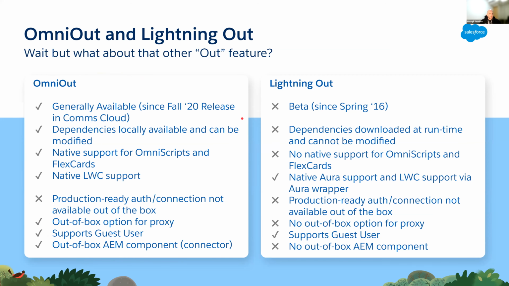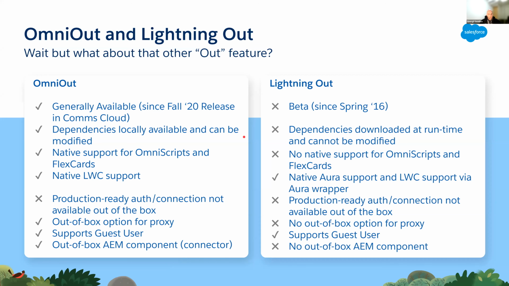The important point is that OmniOut is generally available. It's been available as of the Fall '20 release in Communications Cloud. Lightning Out is currently in beta. It's been in beta since Spring '16. For OmniOut, the dependencies are locally available and they can be modified.